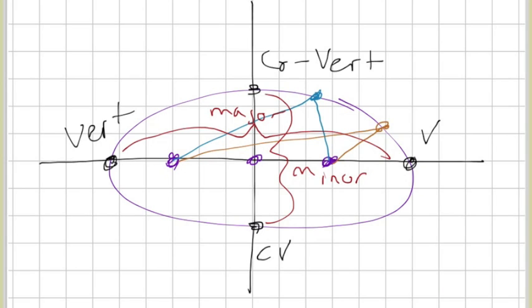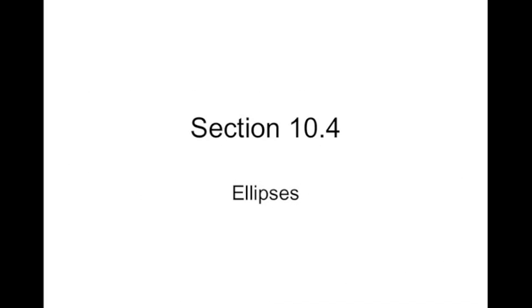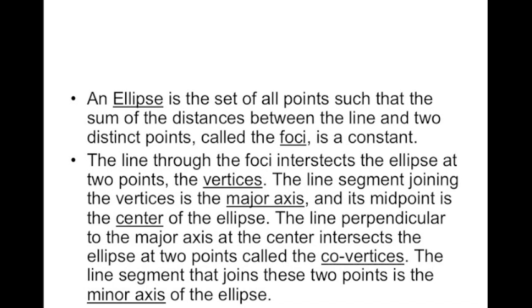An ellipse can face horizontally or vertically, and that is determined by which direction is the longer direction. So this one is longer in the horizontal direction, so we would say this is a horizontal ellipse. But they could be longer vertically as well, and then we would say that is a vertical ellipse. So here we went through these different definitions and where we would see those.